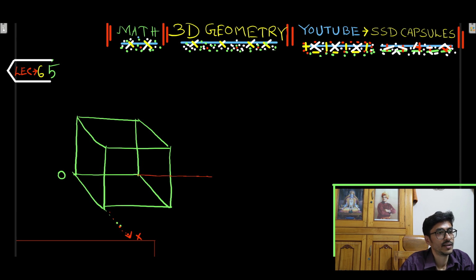This one, if we extend this side, take this as y-axis, and if we consider this vertically, consider this as z-axis. So this is OX, OY and OZ.